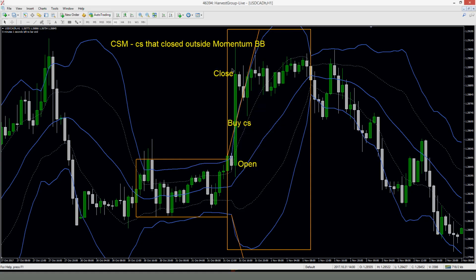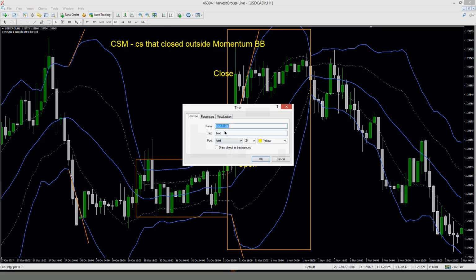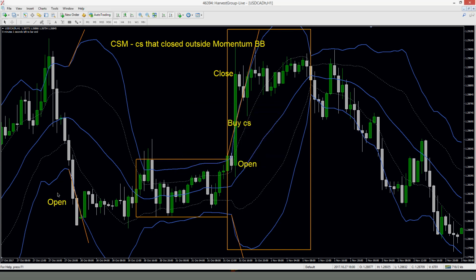You have a candle that closed outside a momentum Bollinger Band. And over here on the left, we can see that this is a momentum Bollinger Band because top and low BB are pointing in opposite directions, and you have a sell candle. This sell candle opens at the top and closes at the bottom.